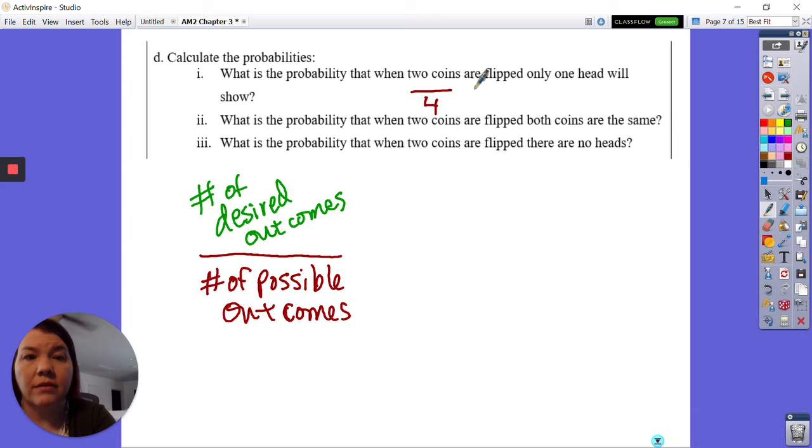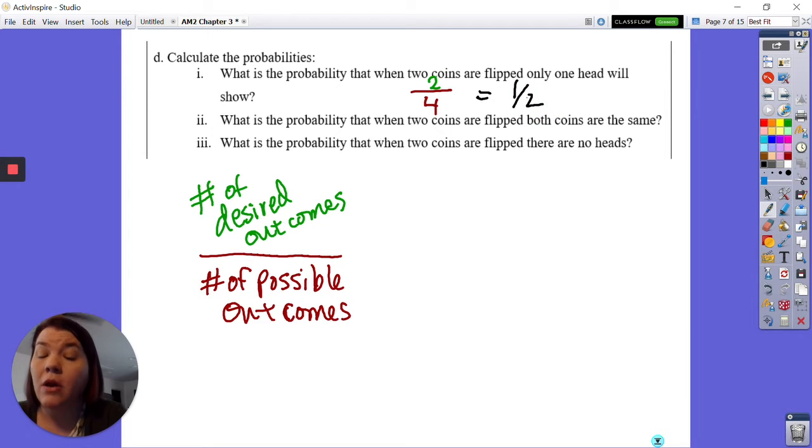In this case, one head, and there were 2 that had one head. And so my answer is 1/2. There's my probability. 1/2, 50%, 0.5. Those are my probabilities. I like just to leave it as 1/2.